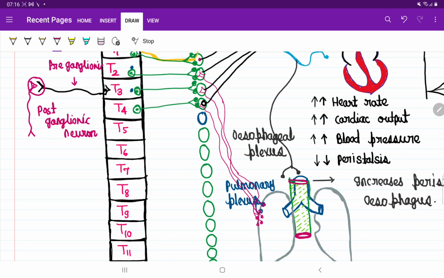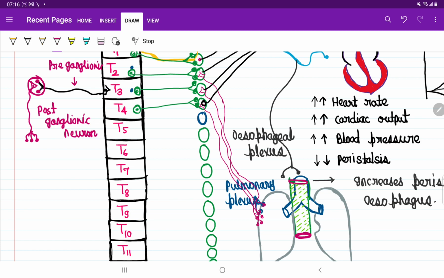We have the preganglionic neuron, we have the postganglionic neuron, and they form a junction near the spinal cord. They are actually forming ganglia here. Here we get a collection of neurons, so that's why we call it ganglia.